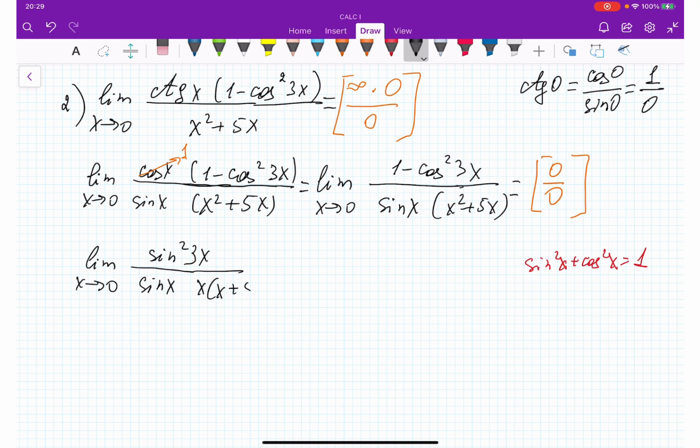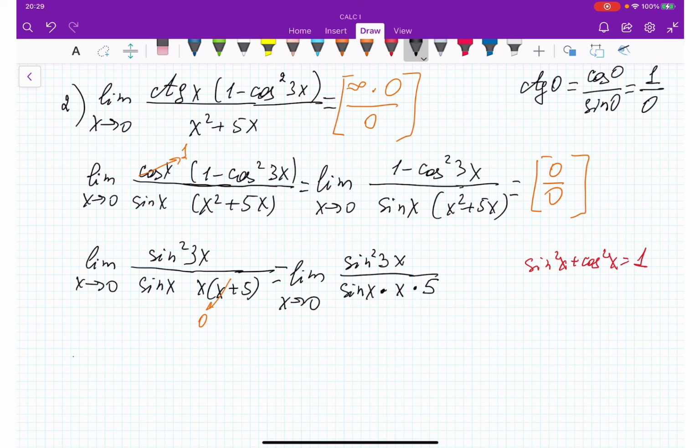We get x plus 5. Okay, if I plug 0 into this x, I'm getting 0 here, right? Okay, I got rid of that x. So I have the limit as x approaches 0 of sine squared 3x, and here I have sine x times x times 5.